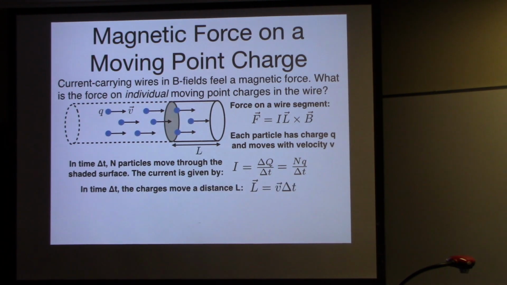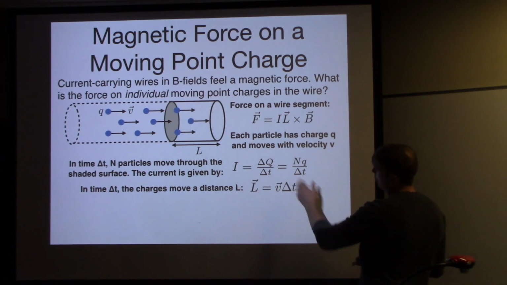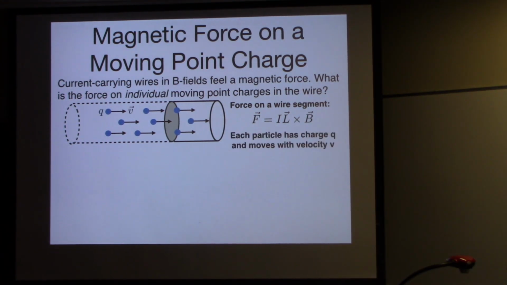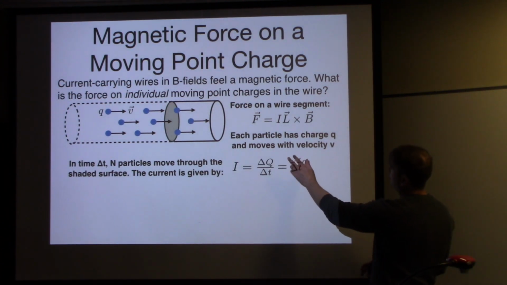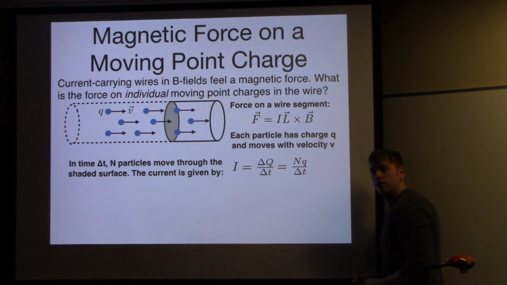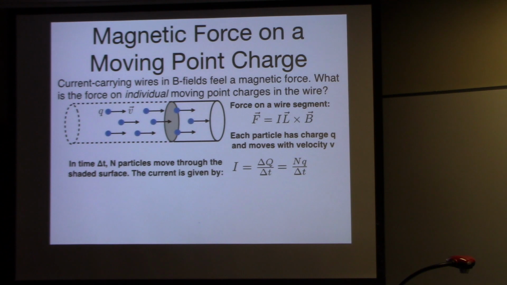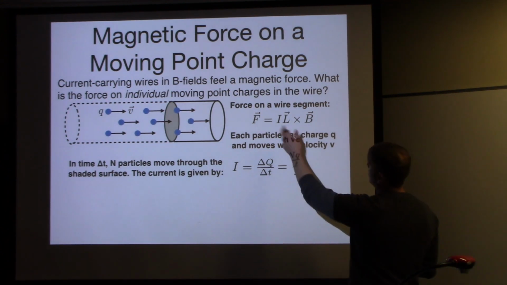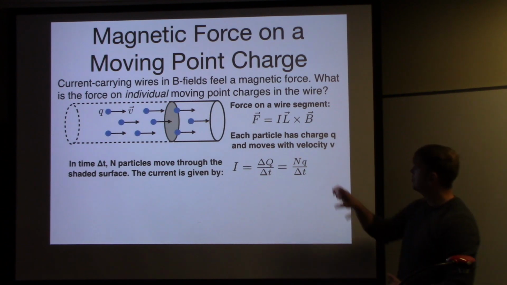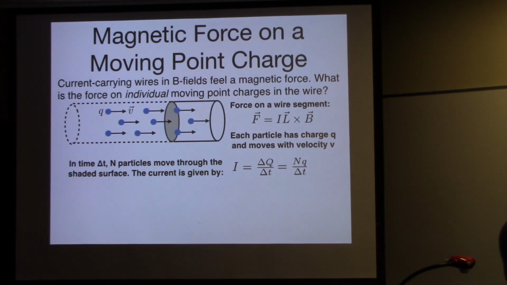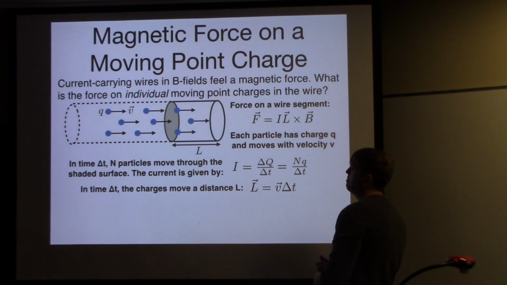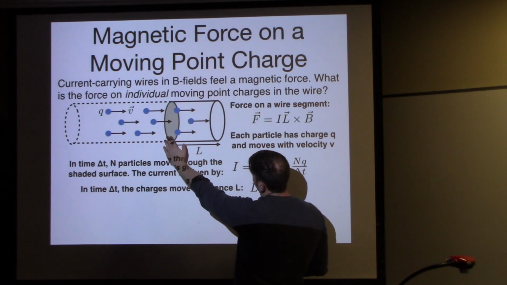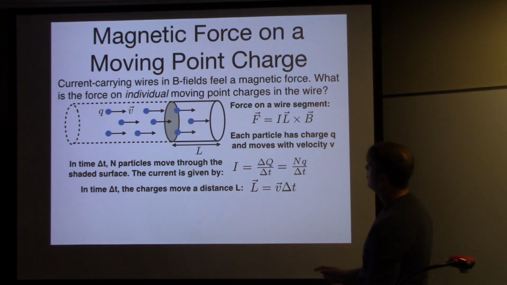The next thing we can think about is L. Actually, let's just go back 1 second. So what I'm eventually going to do with this is take this expression for the current and put it right here into the formula that we already have developed. And I'm going to do something similar for L, the length of the wire. I'm going to come up with some expression for that we can sub into this. So the length L that we're talking about in this case, think about that as the distance that charges move in time delta t after they move through that surface.